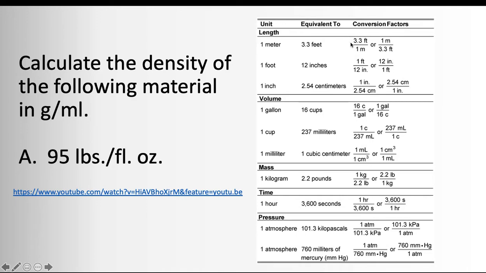We can write them as 3.3 feet over 1 meter, or put the meter on top and the 3.3 feet at the bottom, depending on which direction I'm going, whether I'm going from meters to feet or feet to meters. I will use one of these conversion factors. The method that I use is called dimensional analysis, just a fancy name for doing a little bit of math.